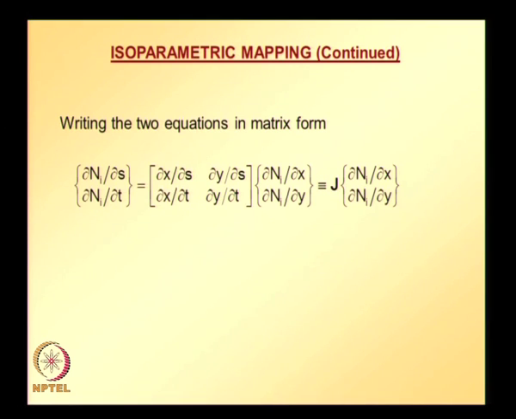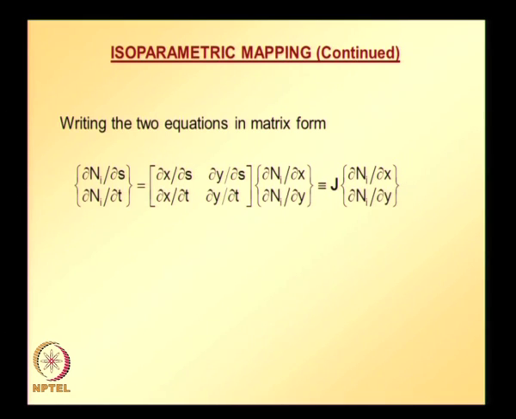You are familiar with the Jacobian for one dimensional elements. The Jacobian there for one dimensional elements is defined as dx over ds, if you can recall.